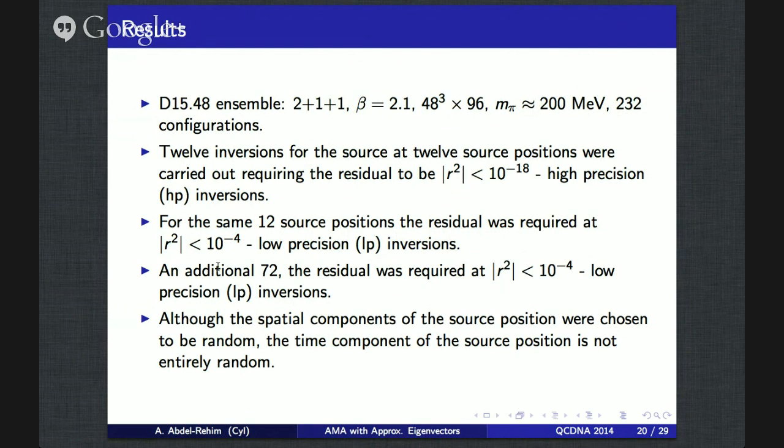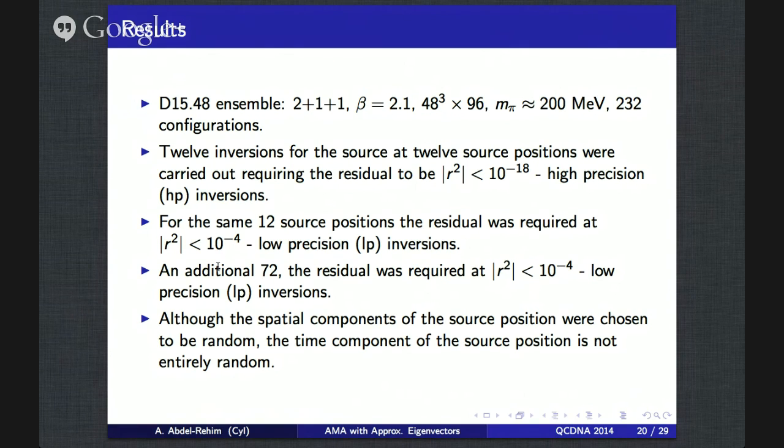The way we do this test is the following: first we do 12 source inversions to a high precision, 10 to the minus 9, which I label HP inversions. For the same 12 sources, I do a low precision solve, only up to 10 to the minus 2. And then additionally, for 72 additional source locations, I also do a low precision solve.